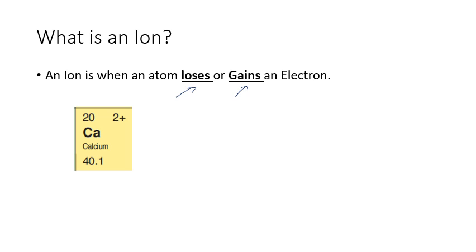So if it gains an electron, it is gaining negatives, which will make the atom negative because it's gaining a whole bunch of negatives. And if it loses an electron, it's losing negatives, which will in turn leave the atom positive.